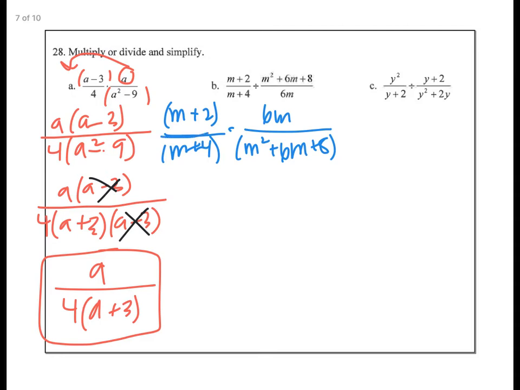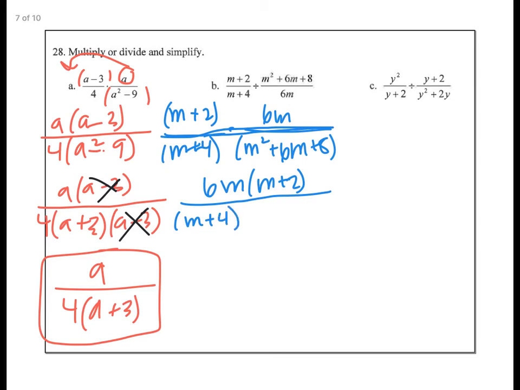When I multiply it, it all really just gets squished together into 1. So up top I have 6m and m plus 2. It's already factored. On the bottom I have the m plus 4 that was already by itself, and then I have to factor this trinomial now. And when I did that, I got m plus 4 and m plus 2.